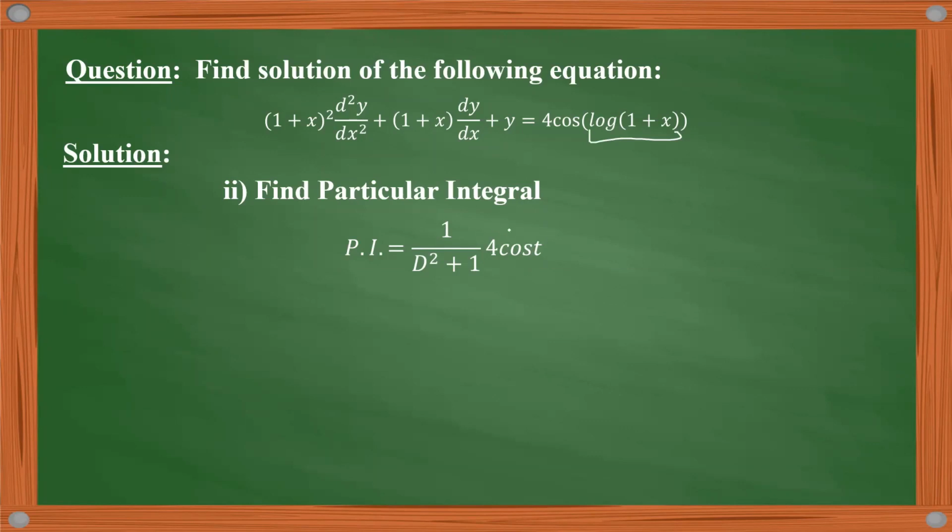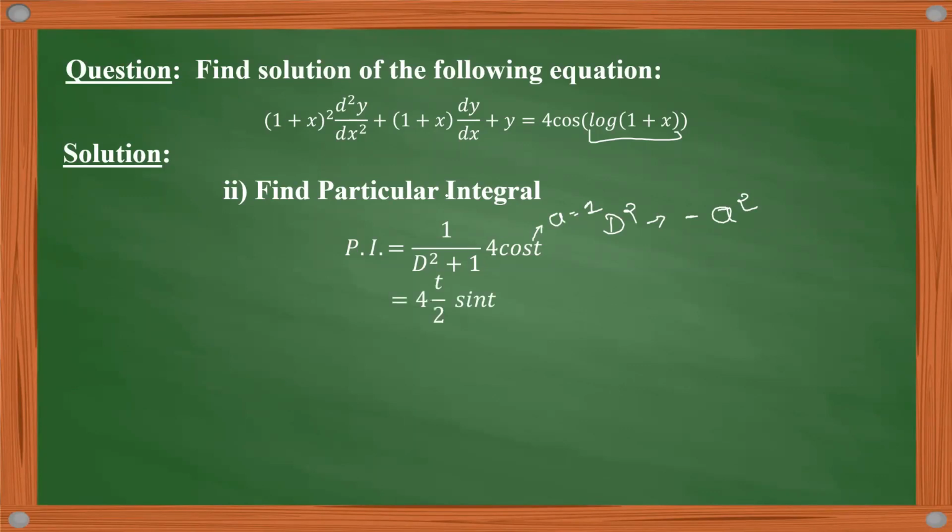Now in case of sin t or cos t, we will just replace this D² by −a², and here in this case a is equal to 1. So now just see, if we replace this D² by −1, what we will get? We will get 0 over here.